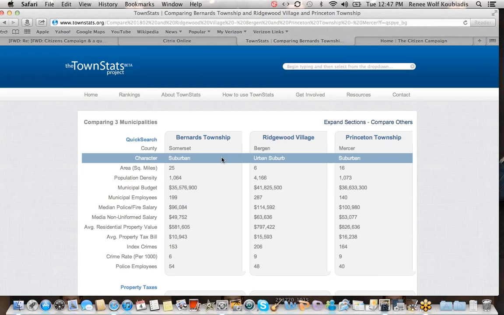There's one for rural as well. So it does provide that comparison. Obviously, in terms of comparing towns, you're best comparing with neighboring towns or towns that are similar from a socioeconomic standpoint.